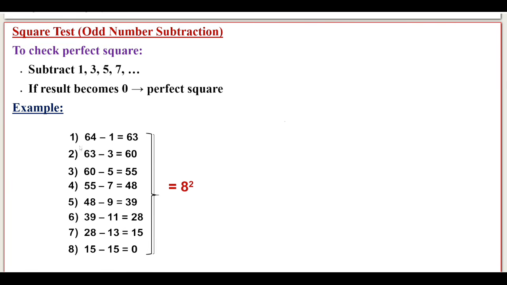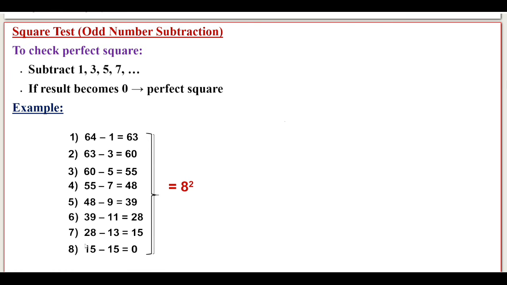For example, I have taken 64. I have to check whether 64 is a perfect square or not. So I have to keep subtracting odd numbers starting from 1. 64 minus 1, 63. 63 minus 3, 60. 60 minus 5, 55. So keep subtracting the odd numbers.